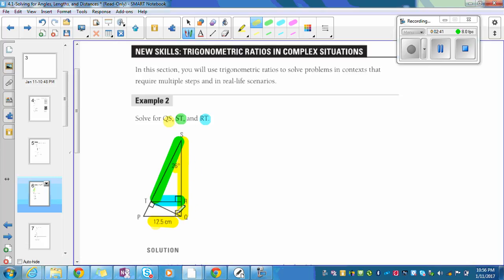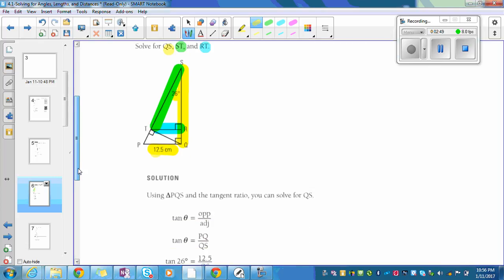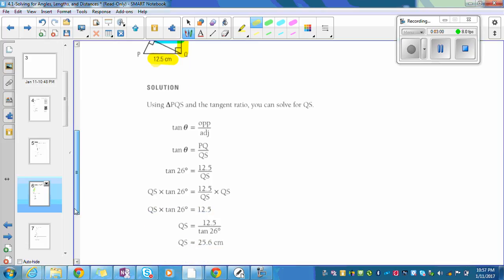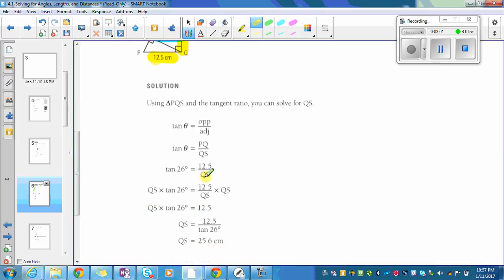It's not the hypotenuse, because the hypotenuse is SP. QS is the adjacent side. If we have adjacent and opposite, we have tan. So tan of 26 is equal to 12.5, which is opposite, over QS, which is my adjacent. Some people like to use QS, other people will write X right here.